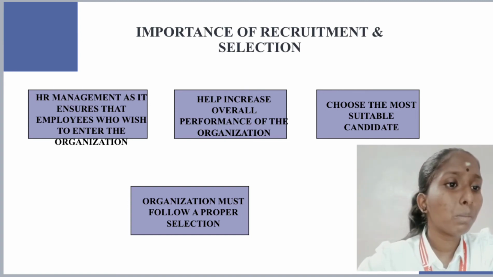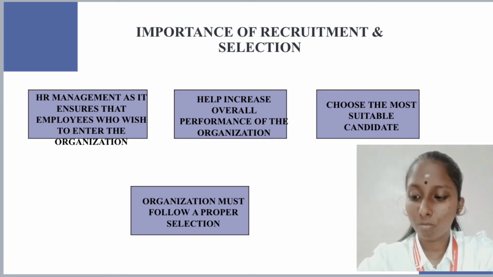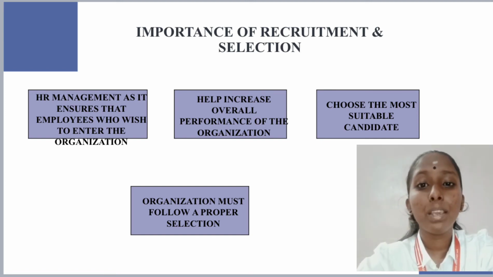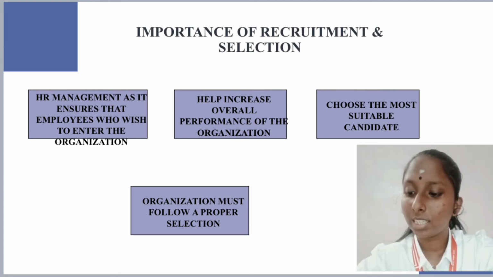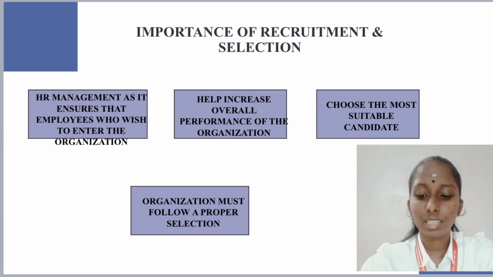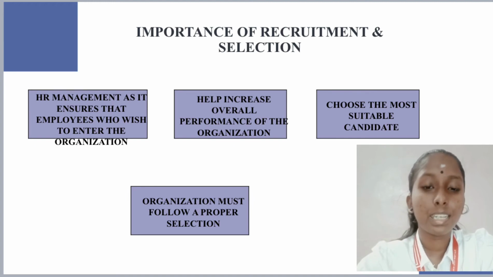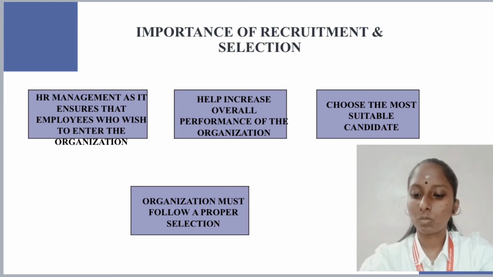Choose the most suitable candidate who can meet the requirements of the job in the organization, who will be a successful applicant. For meeting the goals of the organization, it is important to evaluate various attributes of each candidate such as their qualifications, skills and experiences.